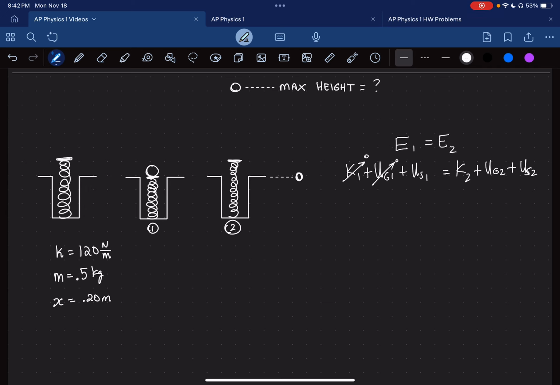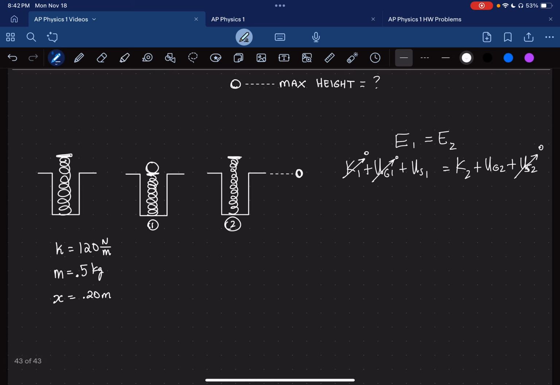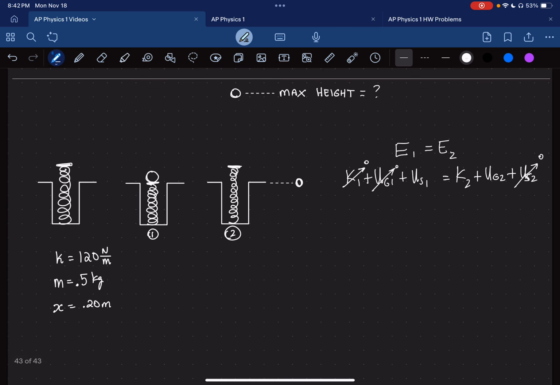At position 2, the spring no longer is compressed. There is no spring potential energy being stored. There is gravitational potential energy, UG2. And the kinetic energy of the ball at position 2, well, if you remember back from kinematics, when an object like this is essentially in free fall and it's reached its maximum height, we said velocity is zero.